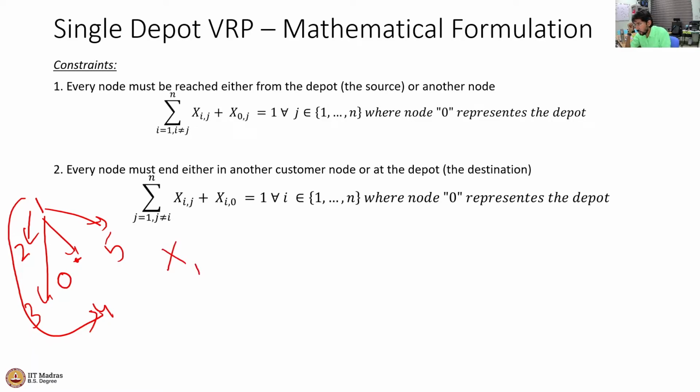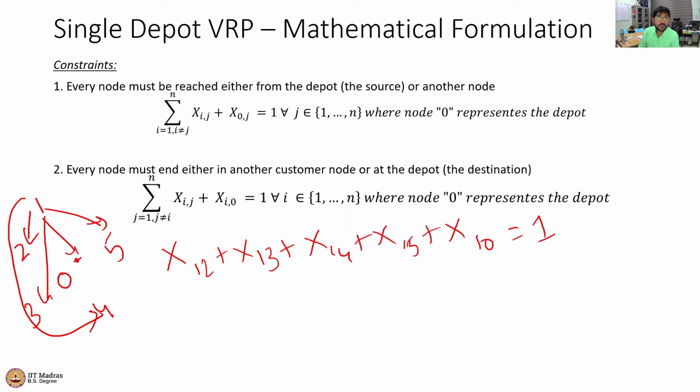So x 1 to 2, x 1 to 3, x 1 to 4, x 1 to 5, and x 1 to 0, one of them must be 1 and all others must be 0. So from a location, I can go to another location or the depot only, right?